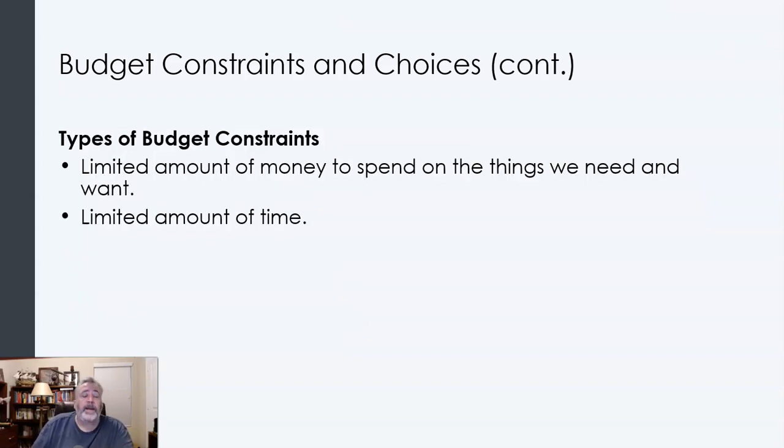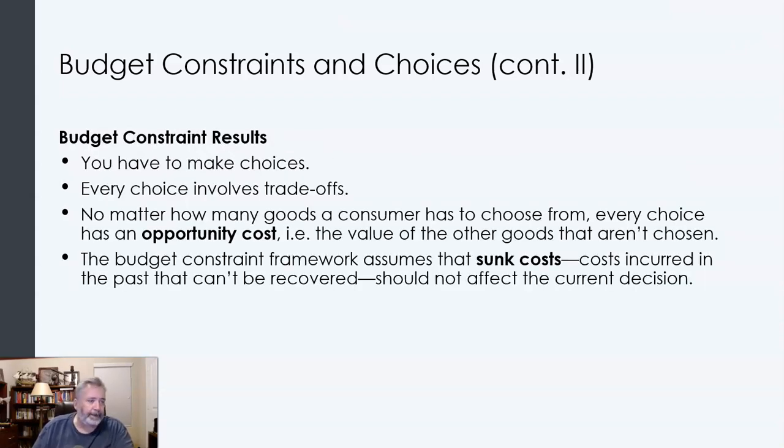Okay. Now, you can do budget constraints based on the fact that your budget is limited in terms of money, but you also have a very finite budget of time. You can similarly do a budget constraint with regards to how much time you have. Okay? So, because we don't have enough and we have to make choices, every choice has a trade-off.